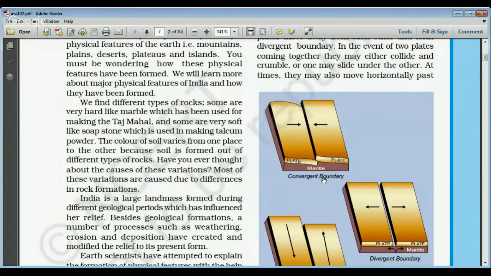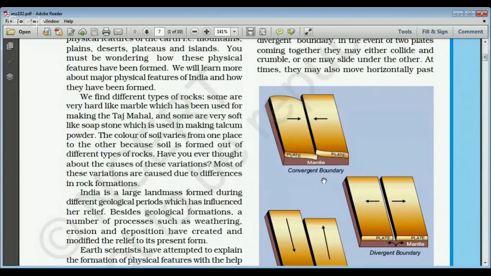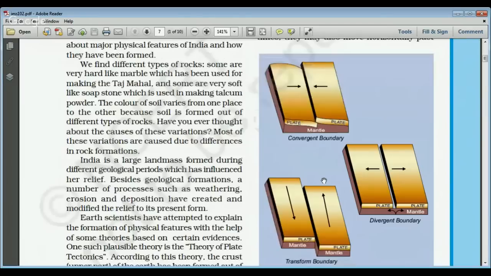If you look closely, the color of soil varies from one place to another, because soil is formed out of different types of rocks, and the rock formation differs from place to place because the process of formation of rocks varies. That is why different colors of soils are present in India.